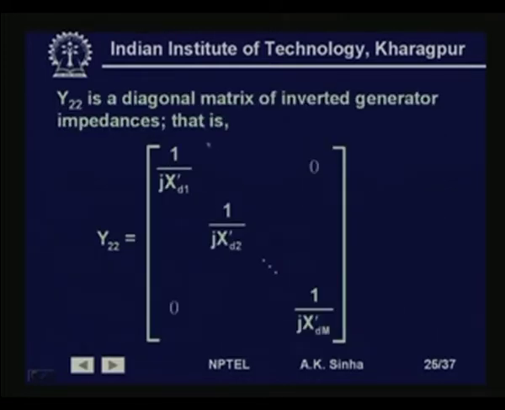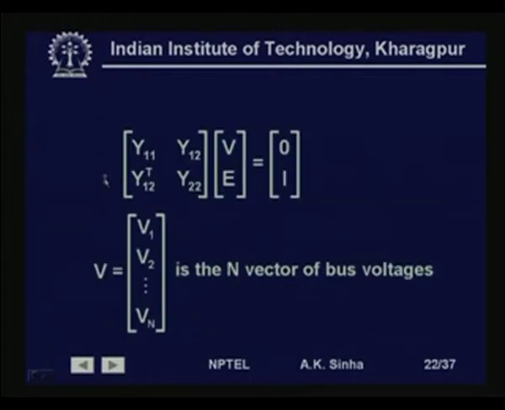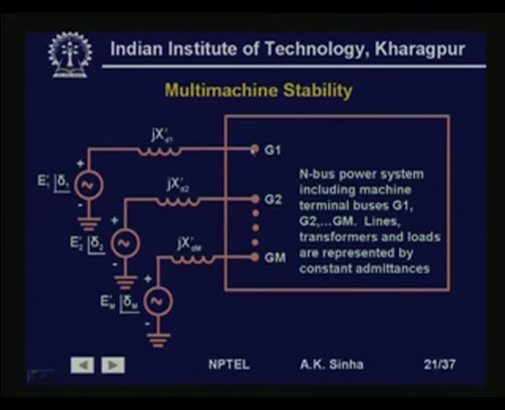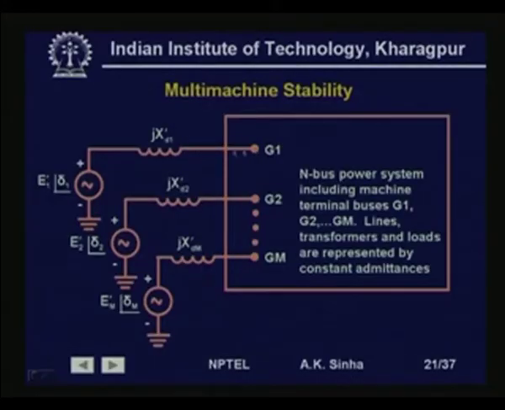Now, what is this Y22? If you look at this diagram, this is connected G1 to G1. So, this is the reactance which is there. So, we will get only the diagonal elements because only one element is connected at this point.